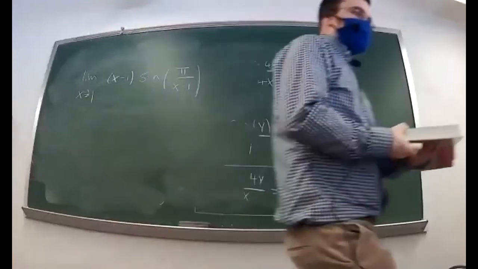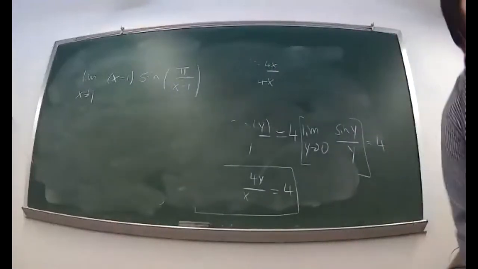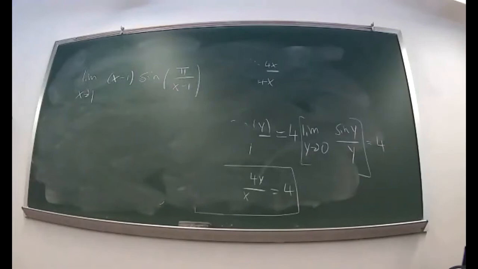So some remarks on this. First of all, you can't evaluate this by simply plugging in x equals 1, because you'll end up with sine of pi over 0, which is undefined. So instead, you might try using the squeeze theorem. So can you find two functions, so that x minus 1 times sine of pi over x minus 1 is your middle function?